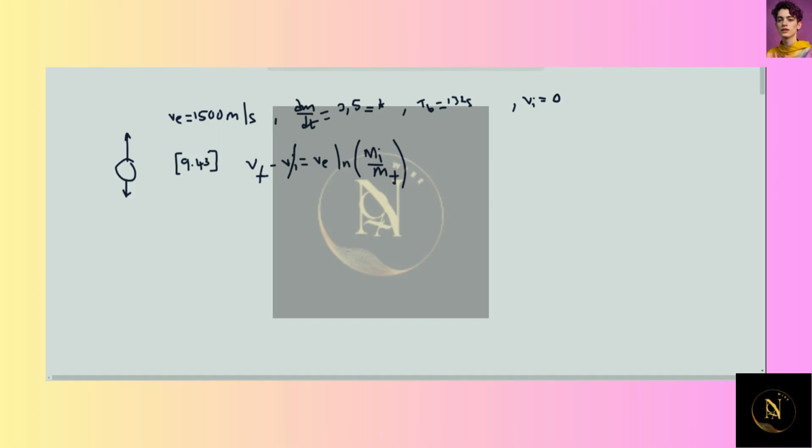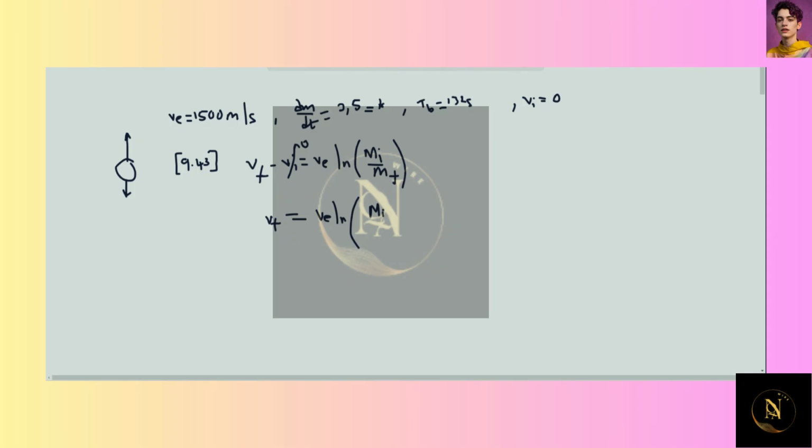That means this term goes to 0, which means the final velocity is equal to ve times the natural log. Notice the initial mass is in the solution that we want, so we want to remove the final mass in here.